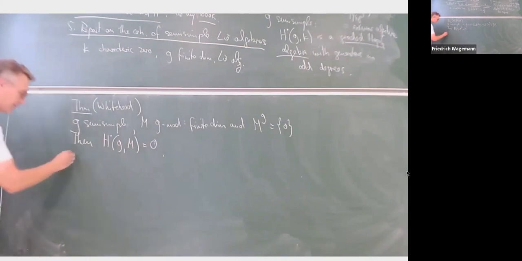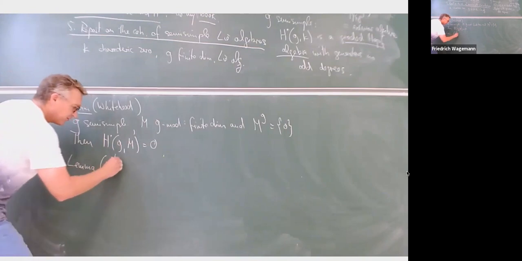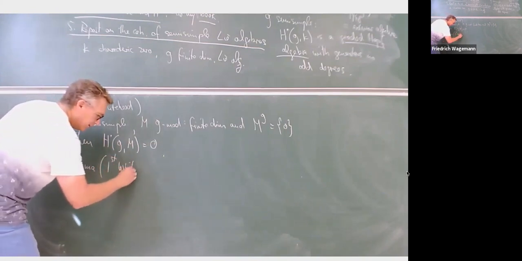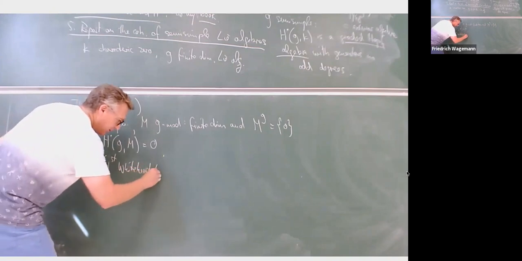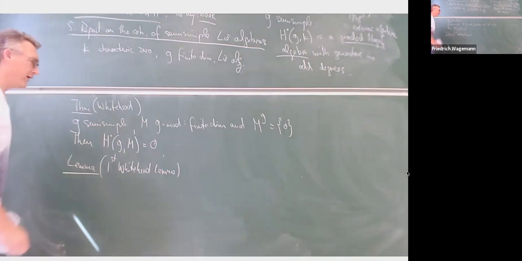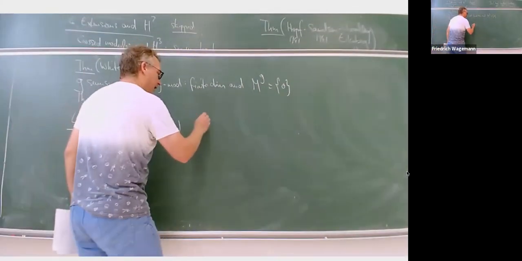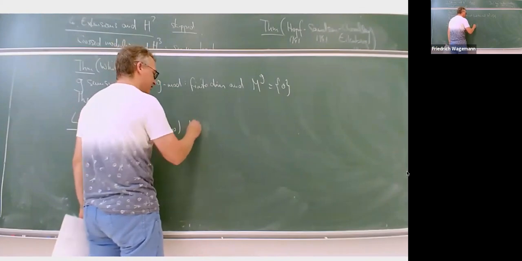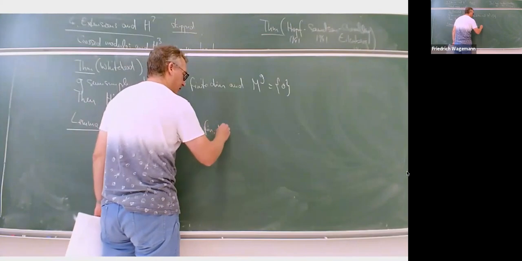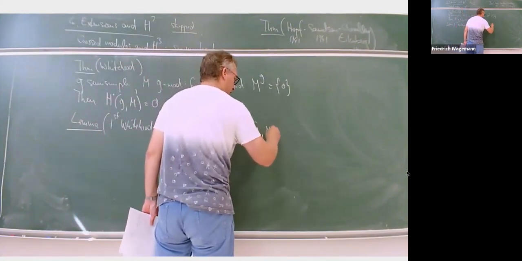And maybe better known are the first and second Whitehead lemmas. The first lemma is that, now M is just finite dimensional, H1 of G with values in M is 0.